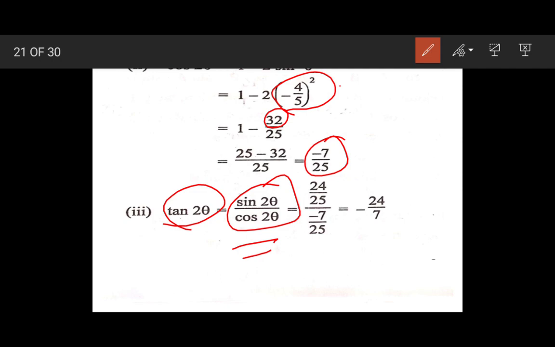So here I am using tan 2 theta as sin 2 theta upon cos 2 theta. So sin 2 theta is 24 upon 25. Cos 2 theta is minus 7 upon 25. So 25 cancels. So minus 24 upon 7.